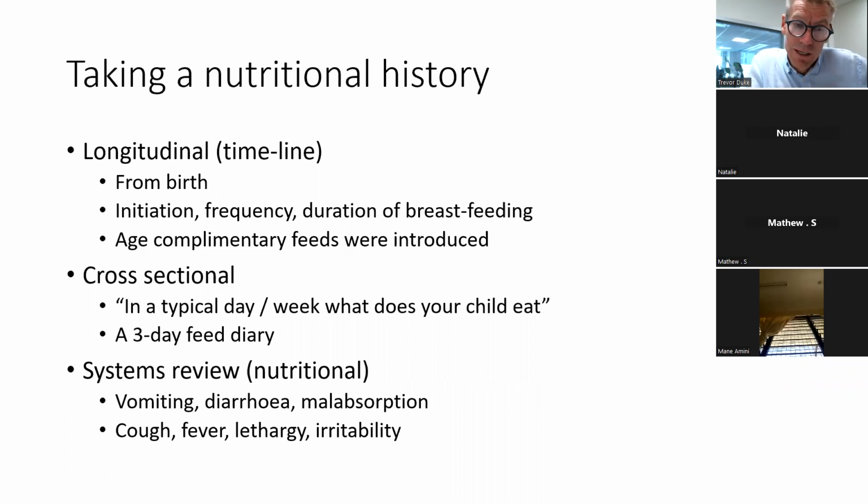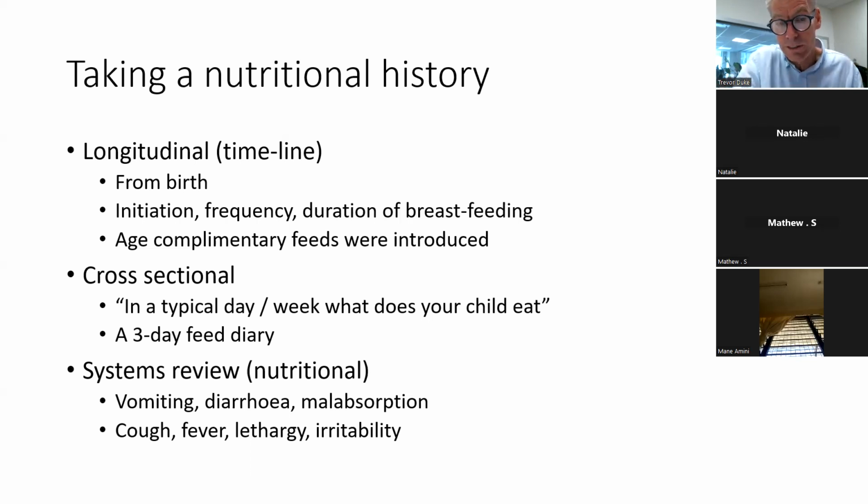The first one is what's called a longitudinal history, and that is you start from birth and find out whether the baby was breastfed from the time of birth, whether they're exclusively breastfed, what the mother's milk supply was like, did she give the baby colostrum or not, how long was the baby exclusively fed for, when complementary feeds were introduced, what type of complementary feeds, etc.